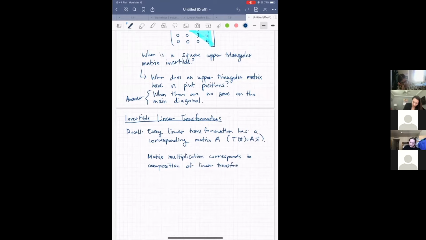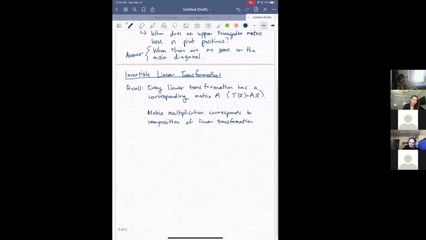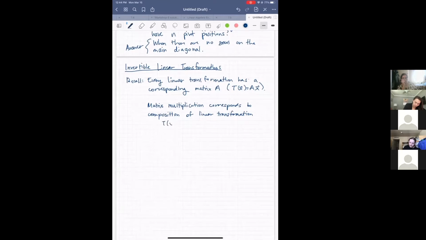So to make this more precise, if we have a linear transformation T, which is given by the matrix A times X, and we have a linear transformation S, which is given by the matrix B times X, and supposing that the dimensions are all fine, and we can do the composition of S composed with T, then that would be given by multiplication by B. Well, really, because we go outwards, it'd be multiplication by A and then B, but in this order, right?